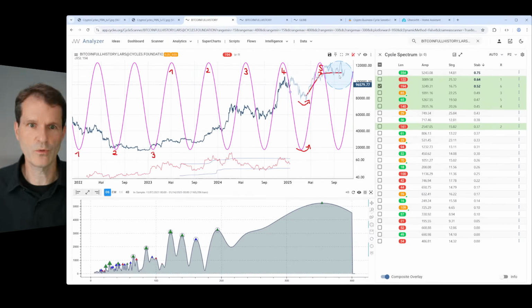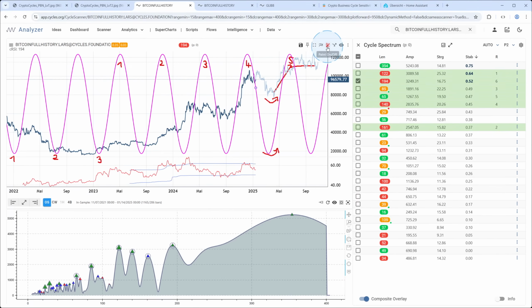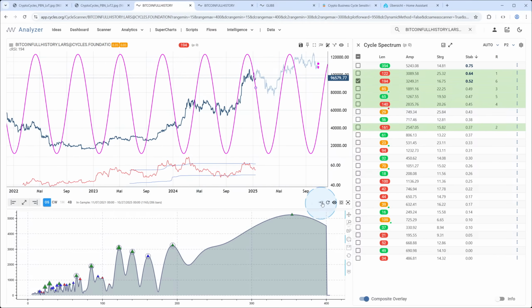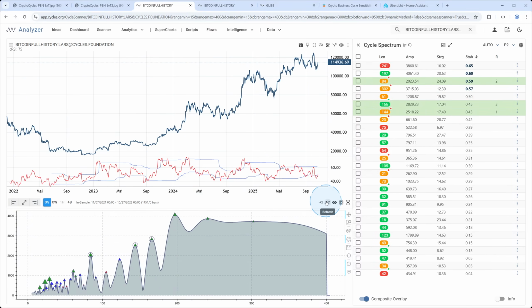All right, but let's update our cycle analysis to the latest day. So this was just the count. Let's update the cycle analysis to the latest point. Here we go.